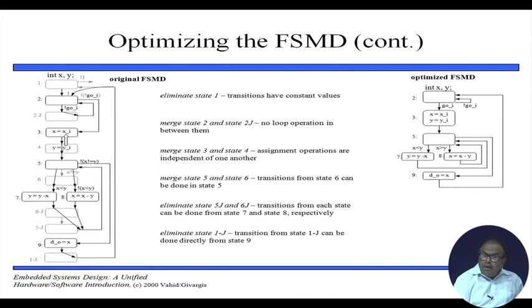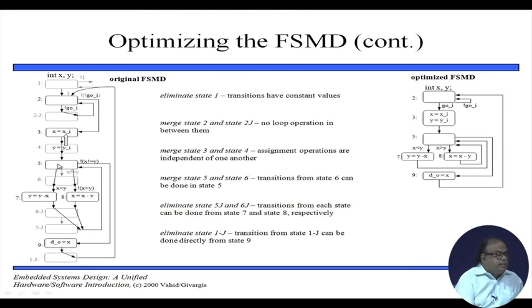Why? Because these two computations are completely independent. They are in no way dependent on each other. I am taking from one source and loading in one register, taking from another source and loading in another register. So, I can merge these two and I get one state.